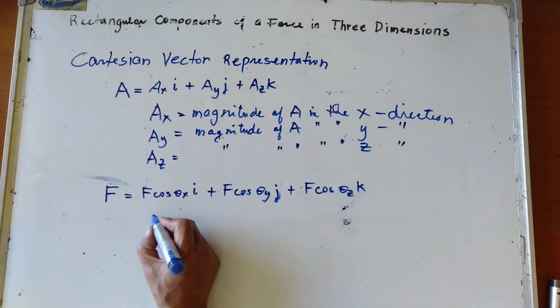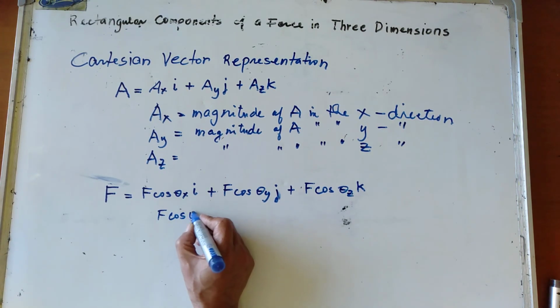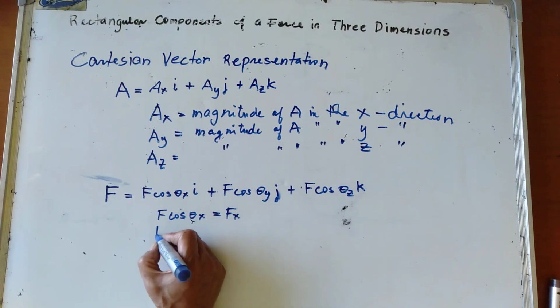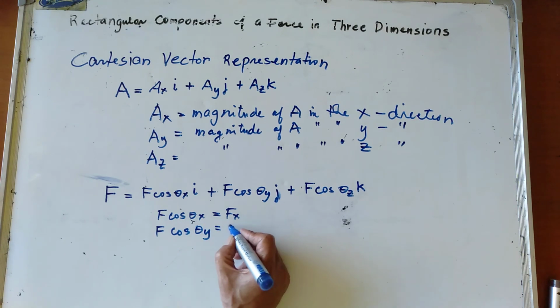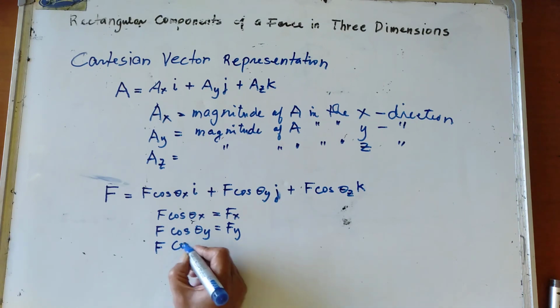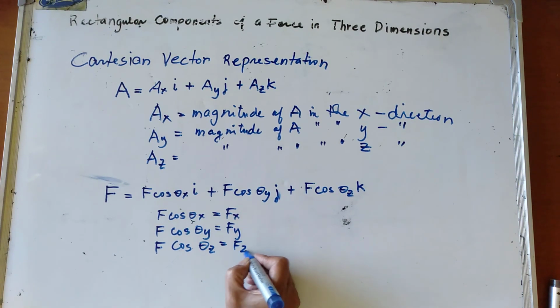Take note here again that F cosine of theta x is equal to F sub x, F cosine of theta y is equal to F sub y, and F cosine of theta z is equal to F sub z.